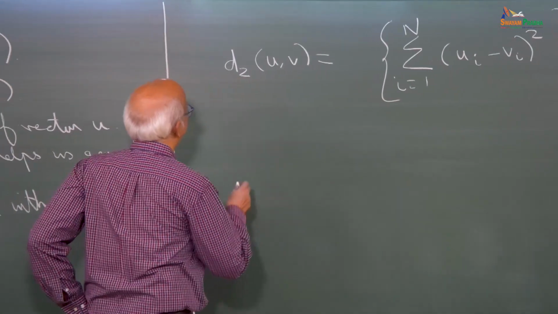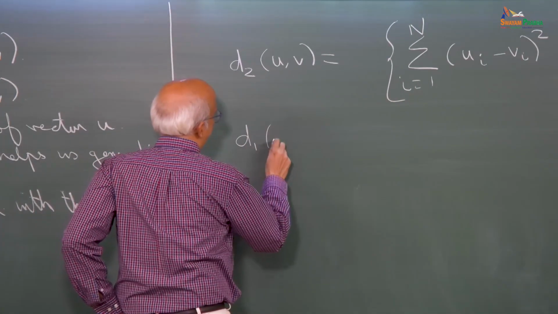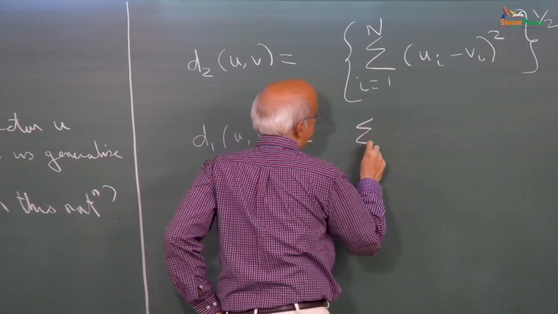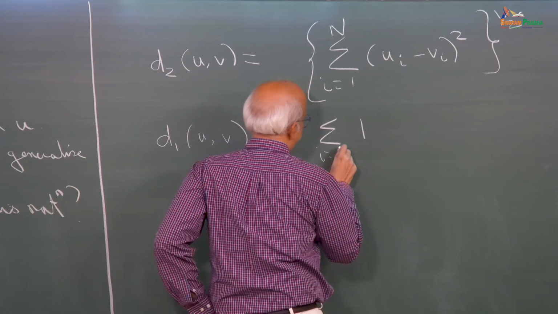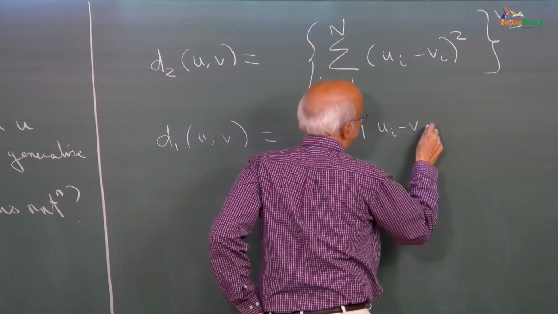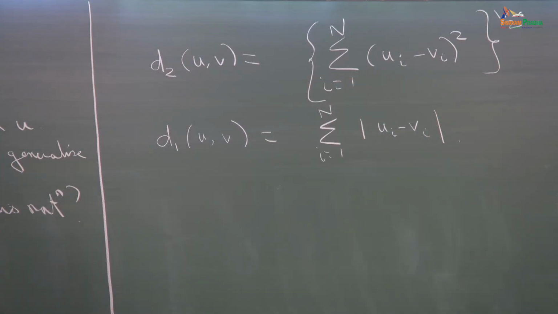We saw another definition of metric as sigma I equals 1 through n, the mod of ui minus vi. Okay, the mod of that.